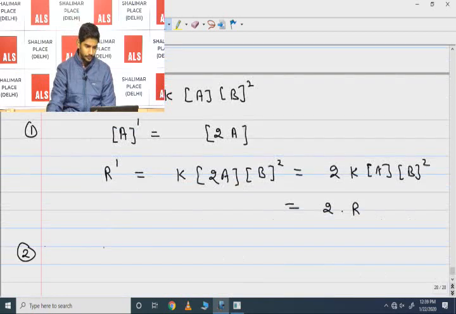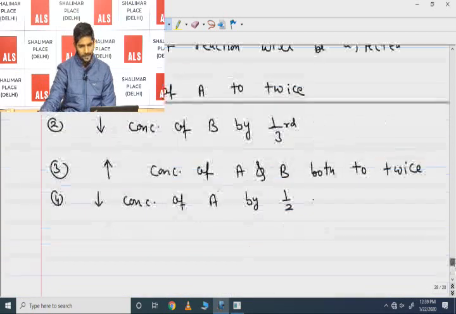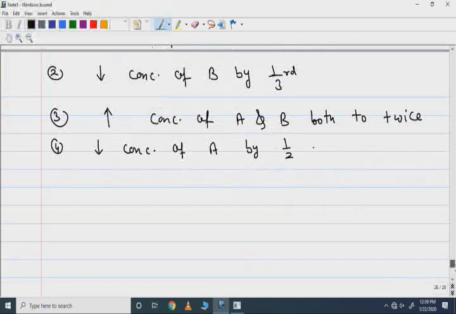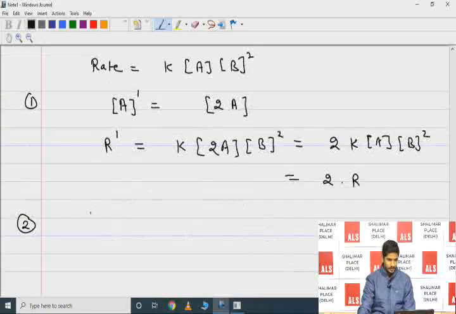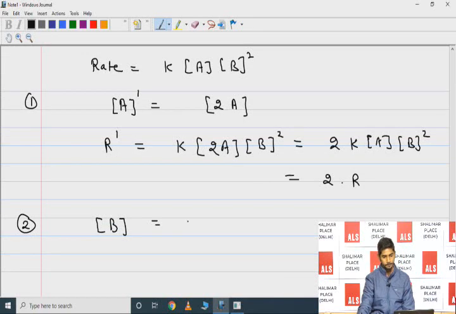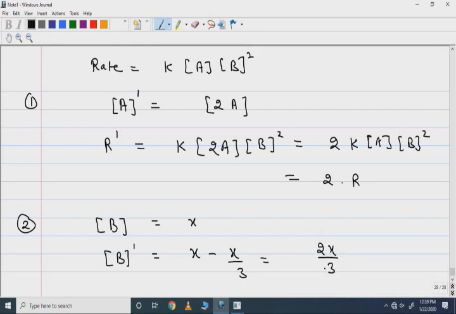Second part, it is saying concentration is decreased by 1/3. Suppose the concentration of B is X. You are decreasing the value by 1/3. Question was saying decreased by, not decreased to 1/3.